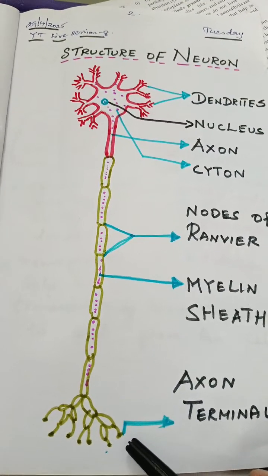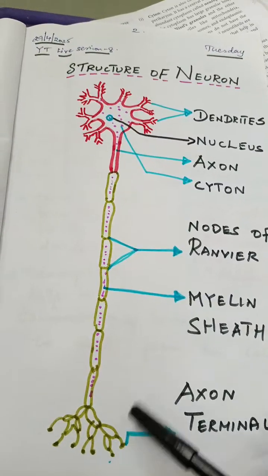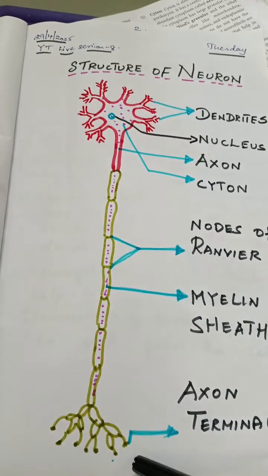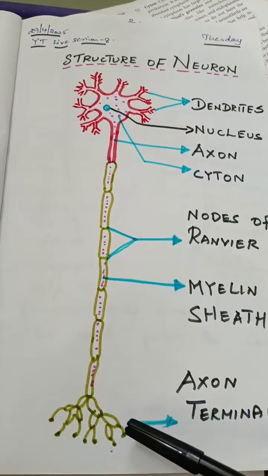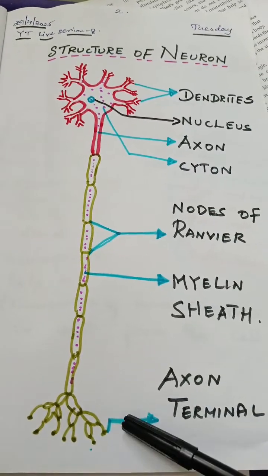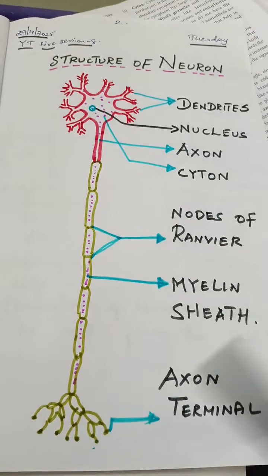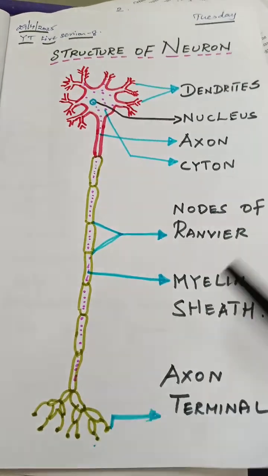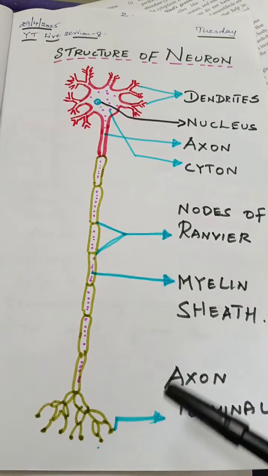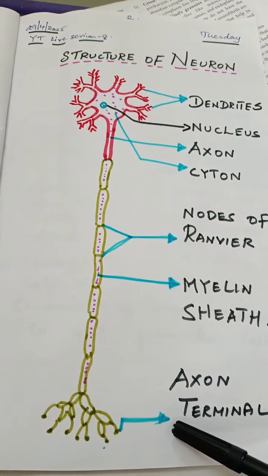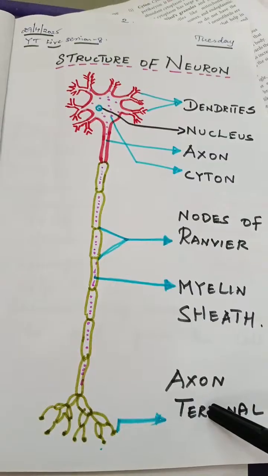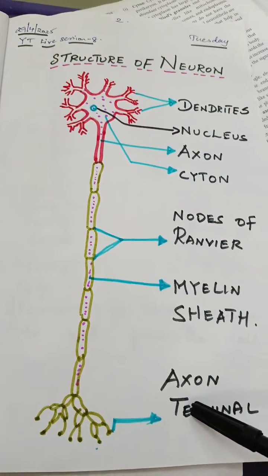Is that clear? The dendrites are continuous with the synapses. There is a gap between the nerve endings, that is the axon terminal, and the dendrite of another neuron. The nerve cells are continuous, they are spreading all over the body. If you see your body itself, you will come to know that nerve fibers are continuous, spreading from top to bottom.